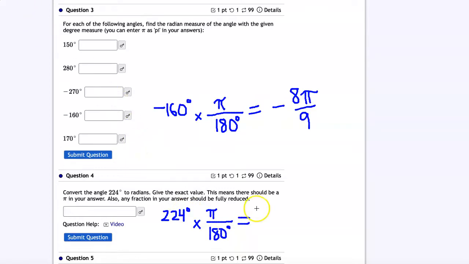Both 224 and 180 are divisible by 4. That's their greatest common factor. So 224 divided by 4 is 56. And 180 divided by 4 is 45. And we have a fully simplified fraction. Okay, next problem.